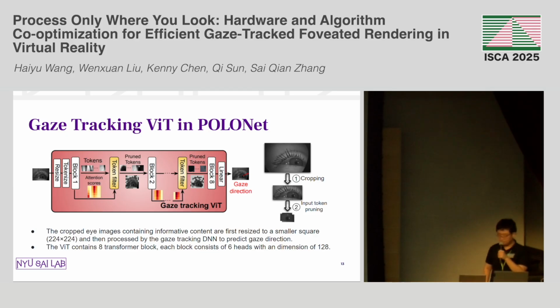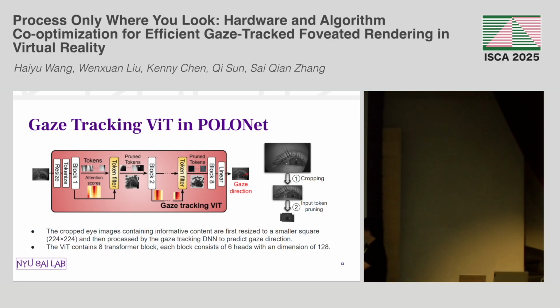And in this work, we employ the vision transformer, which has been shown to be much more accurate than the CNN, and it basically takes the cropped input image and sends it to the self-attention and the FFN block. And during this process, we also apply token-wise pruning to further remove the less important image patches.